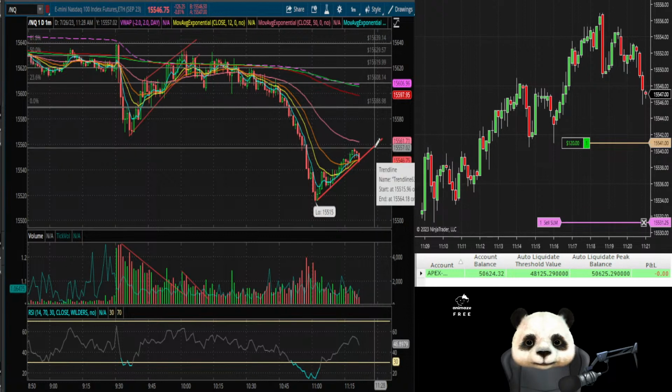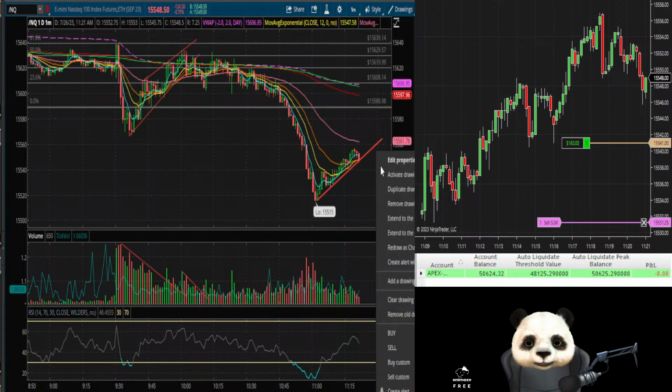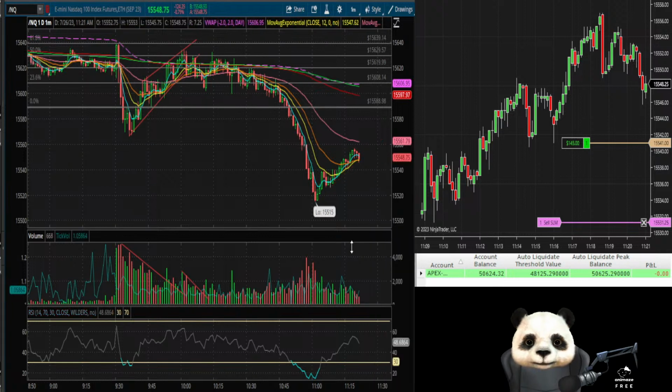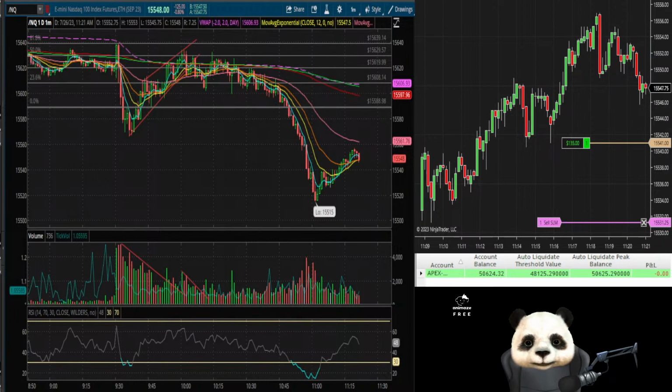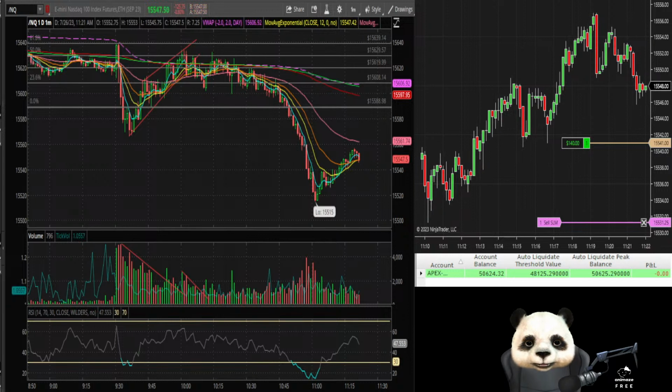Hmm. Not liking this move. So I want the S&P to kind of stay above this initial or the pre-market at around 9 o'clock, which was 45.84.